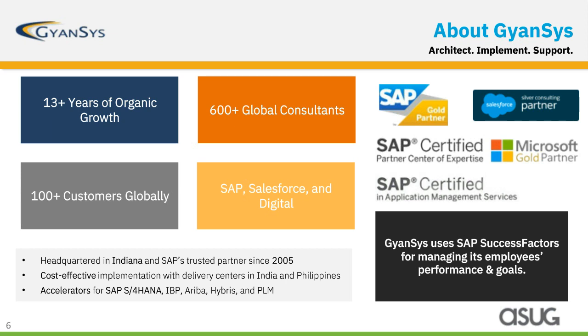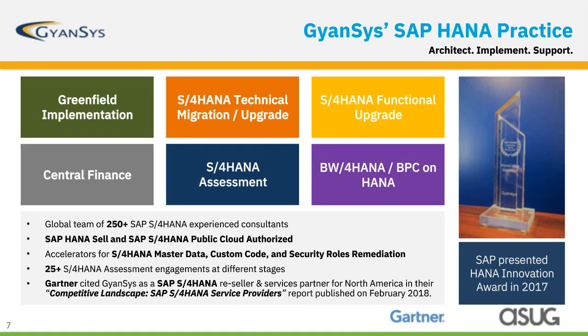One item I want to point out on this next slide is the SAP HANA practice that we have, which is really our S4, Brownfield, Greenfield, and Bluefield, and we'll talk about what those options mean when you hear all those colors.